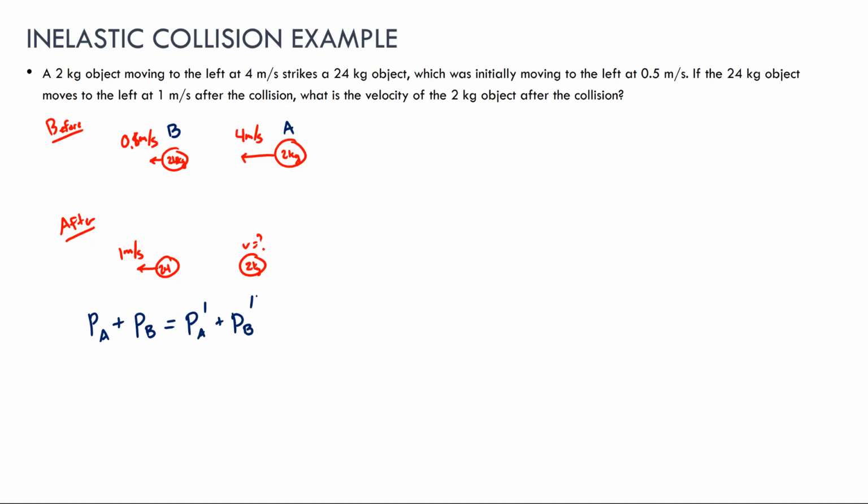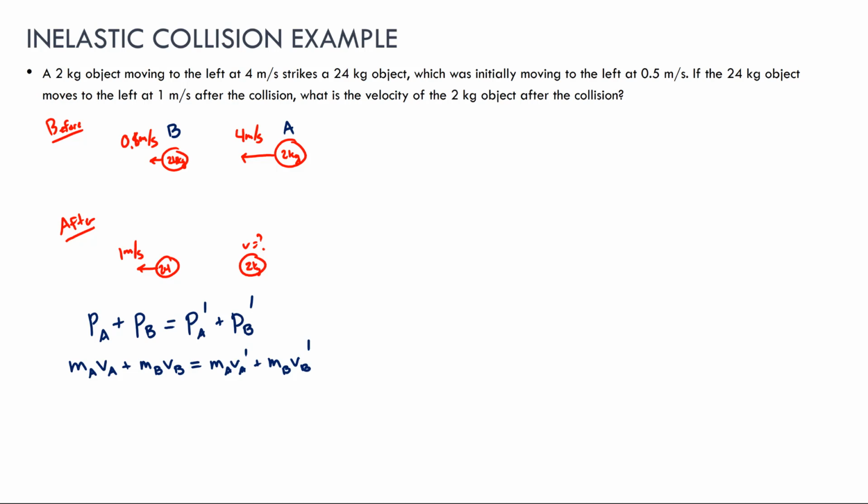So the mass of A times the velocity of A plus the mass of B times the velocity of B is going to equal the mass of A times the new velocity of A plus the mass of B times the new velocity of B. I need to make sure that I keep my direction straight here, whether I have a positive direction or a negative direction. Typically I will treat to the right as positive and to the left as negative.